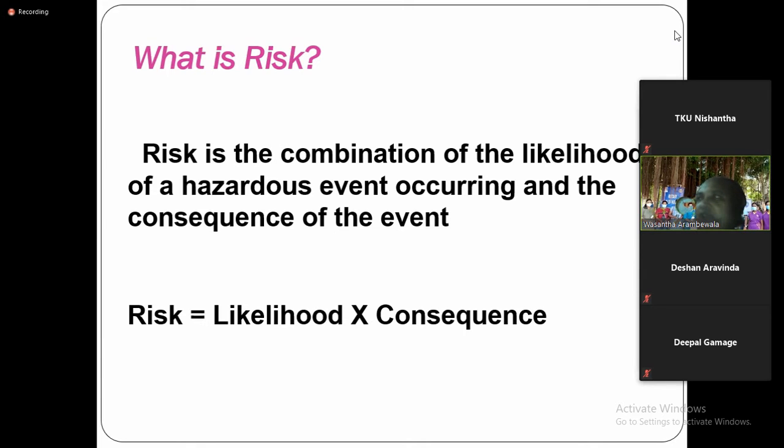If the likelihood of contacting electricity, for example, assume there's a broken plug point in an area where we normally pass through, or very close to a light switch in a room, then the likelihood of contacting that exposed live wire is high. The consequence, if it happens, will definitely end up with death or something.